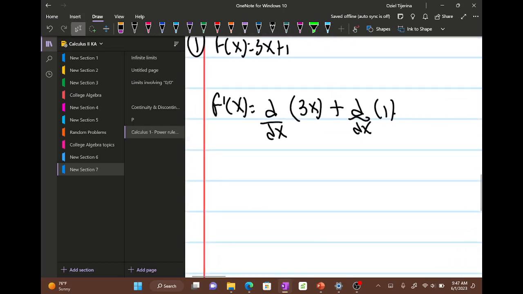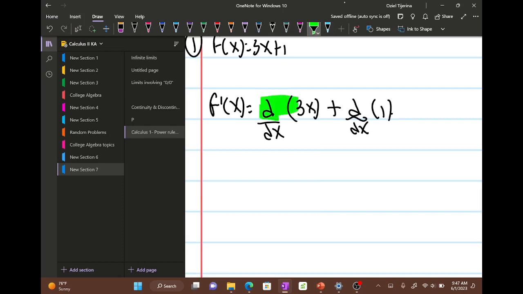The derivative of 3x, what is the slope of 3x? It's just 3. Then plus the derivative of 1, and remember that 1 is a constant, so it's plus 0.